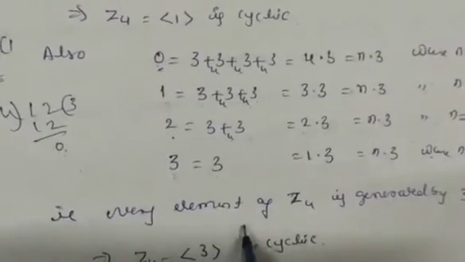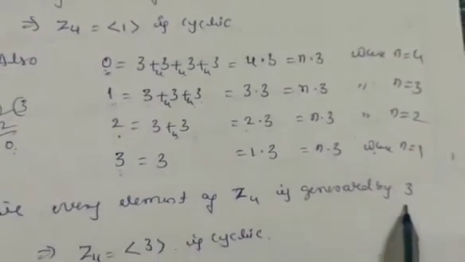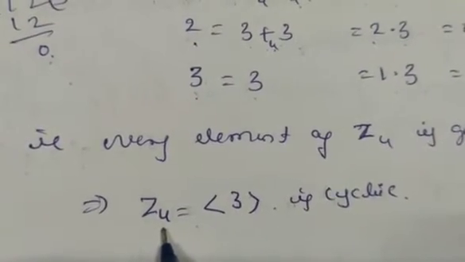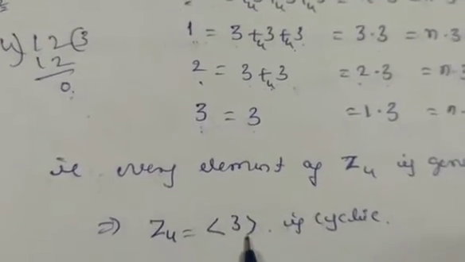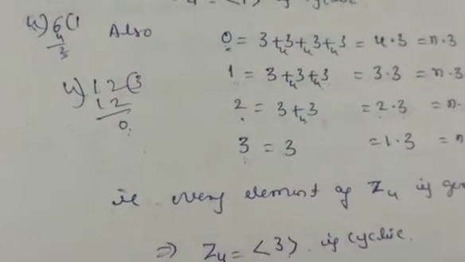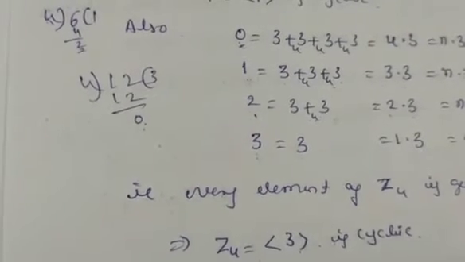That is, every element of Z4 is generated by 3. Thus Z4 is a cyclic group generated by 3. Therefore Z4 is a cyclic group which has 2 generators. 1 and 3 are the 2 generators of this cyclic group. The remaining 0 and 2 are not generators of this cyclic group.